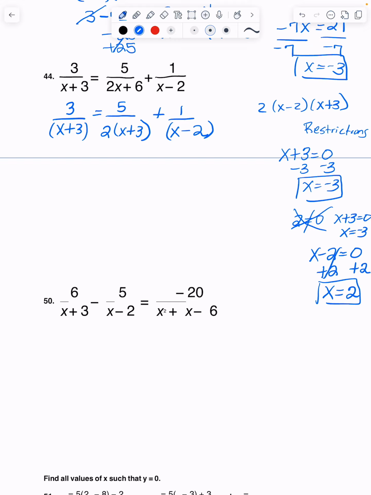So I'm going to multiply every term by this long denominator, or least common multiple.